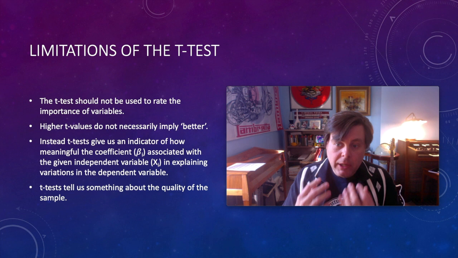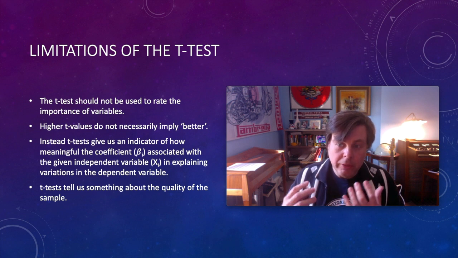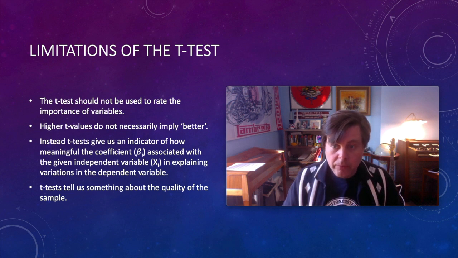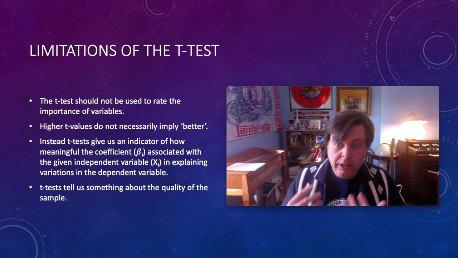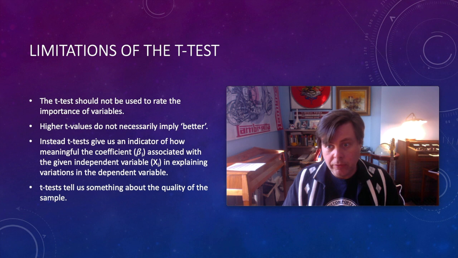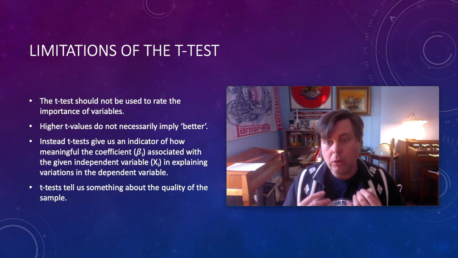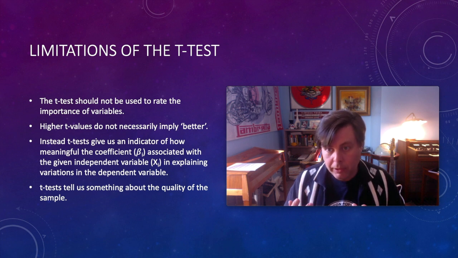In other words, it's not giving us a notion of the quality of the variable itself. It's giving us an idea about the quality of the coefficient associated with that variable. In other words, the quality of how movements in the independent variable correlate with movements in the dependent variable. Okay.